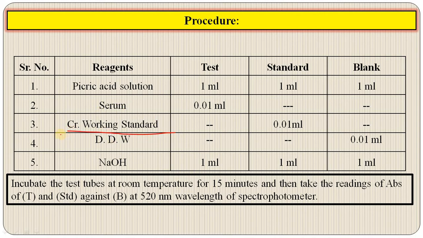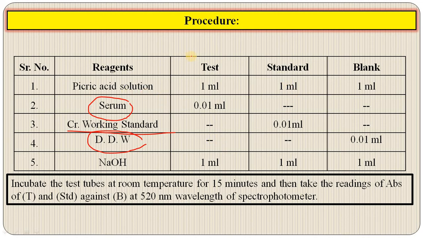Otherwise, serum sample we have to collect from any animals, double distilled water is very easily available. So we can perform this test to know the proper functioning of kidney of the animal. So let us see the procedure.